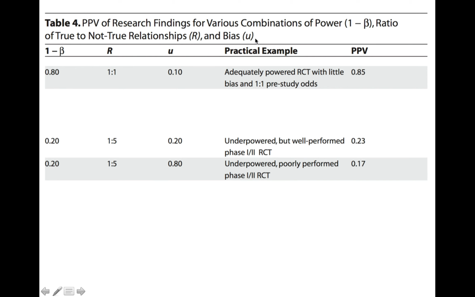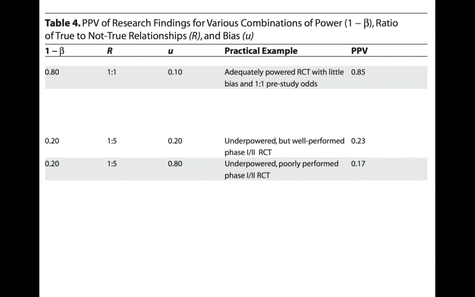So the bias here is the bias in computing R. They have a second equation, which I didn't put in here, that incorporates this bias term. I think it's good if your takeaway from this is just the standard PPV equation.